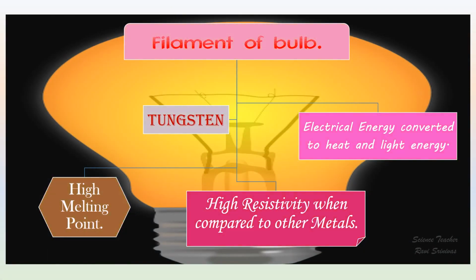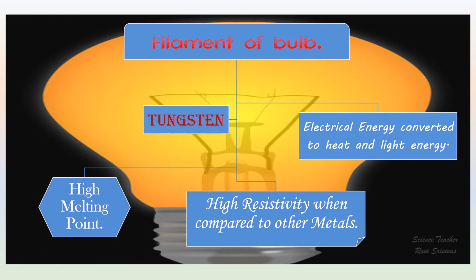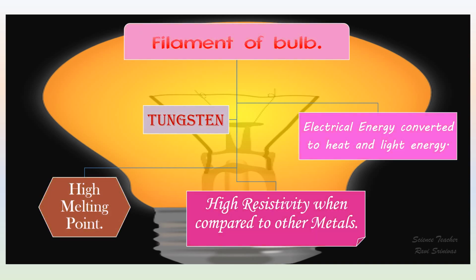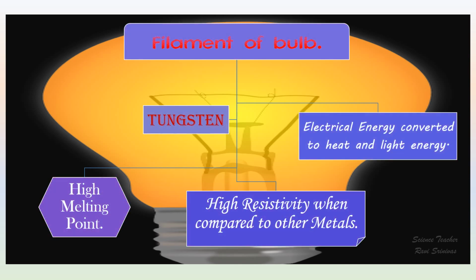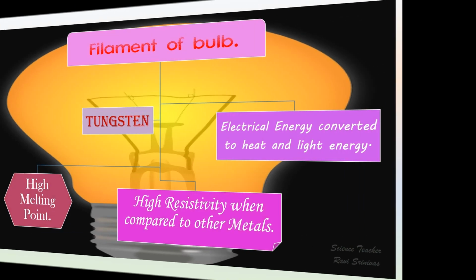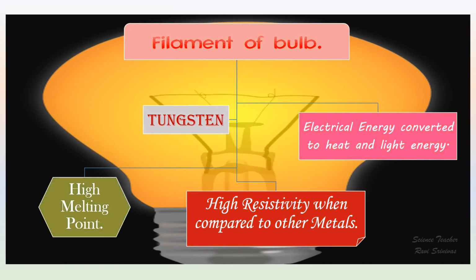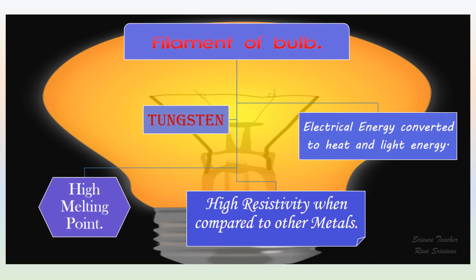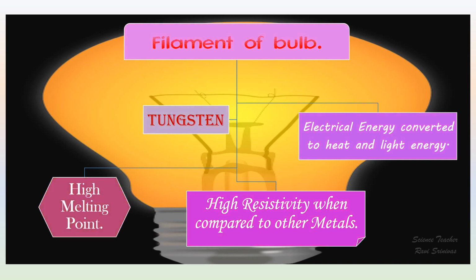Tungsten is used extensively for making filaments of incandescent bulbs. The resistivity of tungsten is high when compared to other metals. The filament gets very hot and emits light. It must not melt even at high temperatures.